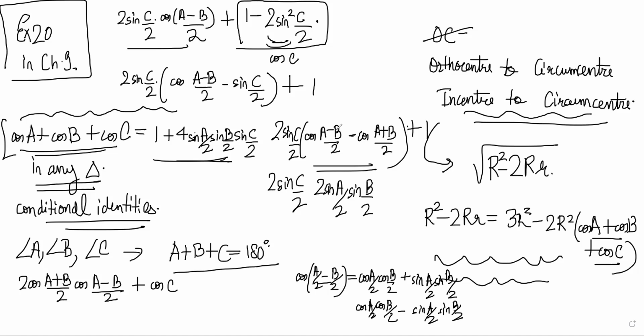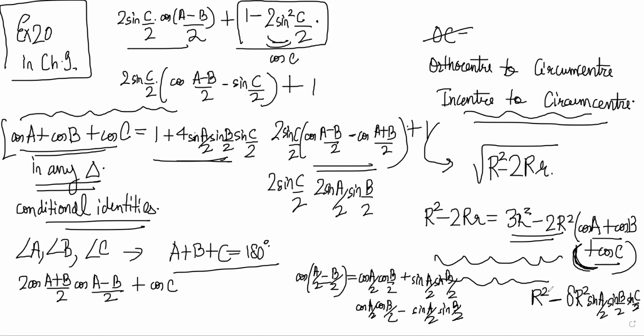If you use that identity here for cos a plus cos b plus cos c, you will immediately get the answer because it will become 1 plus 4, so it will become r square minus 8r square sine a by 2 sine b by 2 sine c by 2, right?